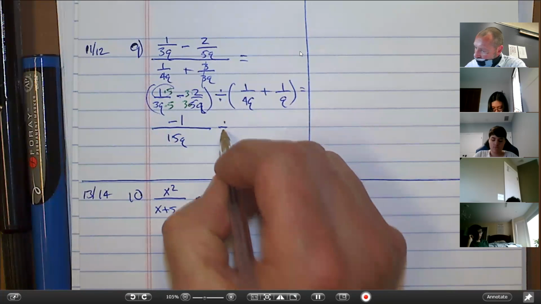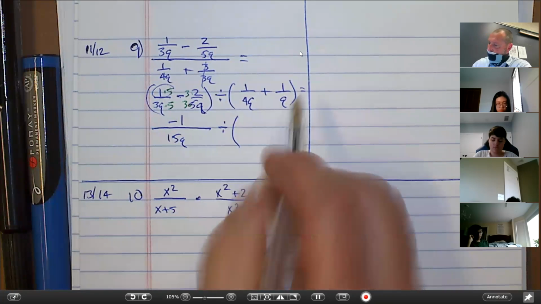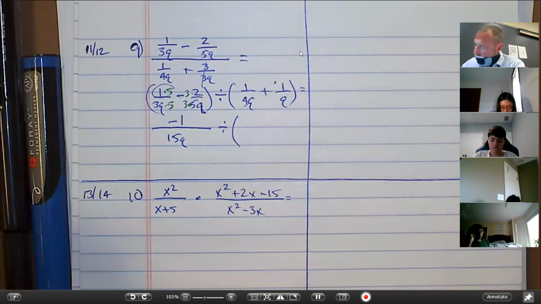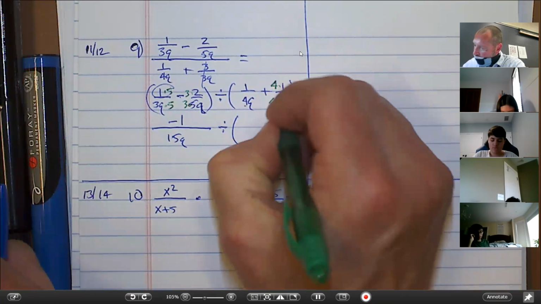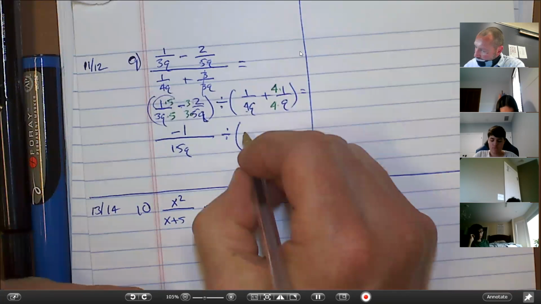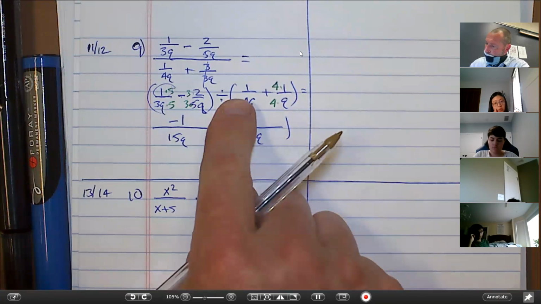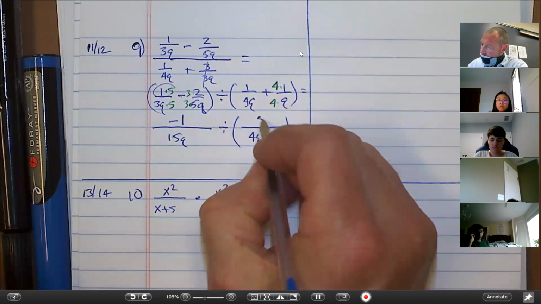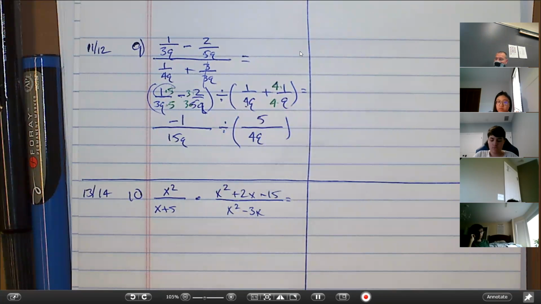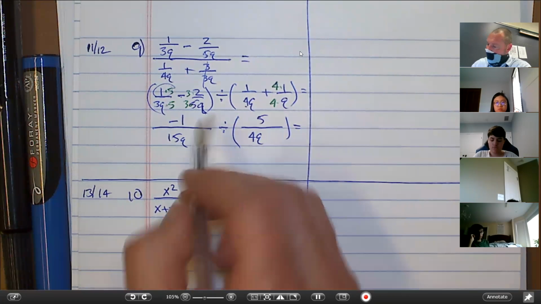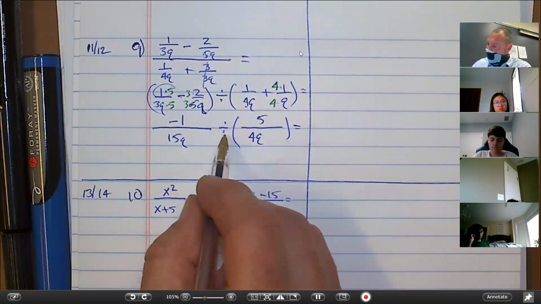Divided by, and this second one, I got a 4q and a q, so I can simply multiply the second one by a 4 over 4. And so my denominator is going to be 4q, and I have 1 plus 4, which is 5. Now remember, division is you just multiply by the reciprocal.